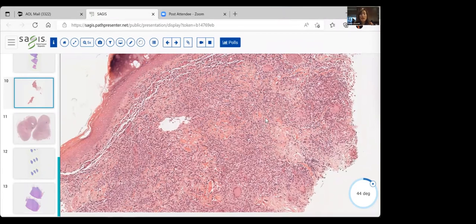Matter of fact, these people have already usually patches or plaques of lymphoma, sometimes even tumors or nodules. And within the patches of mycosis fungoides, you will see the development of these large pendulous structures. And typically they're going to be found like in the axilla or the groin area.